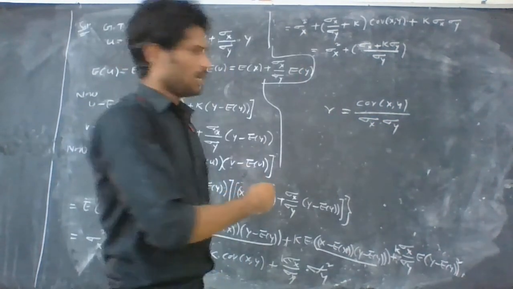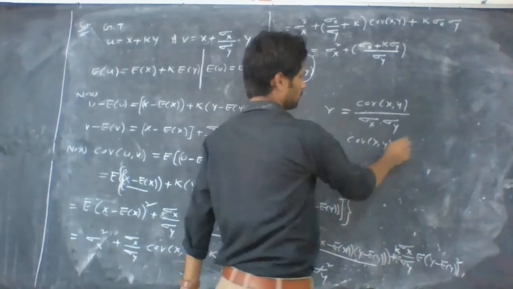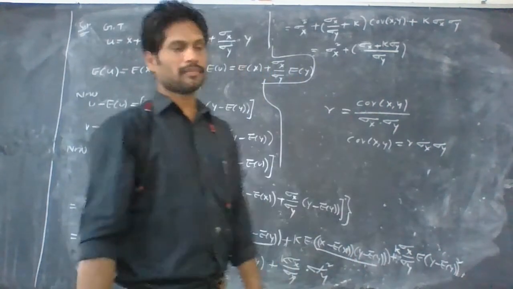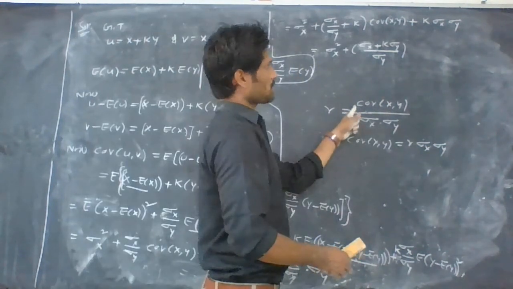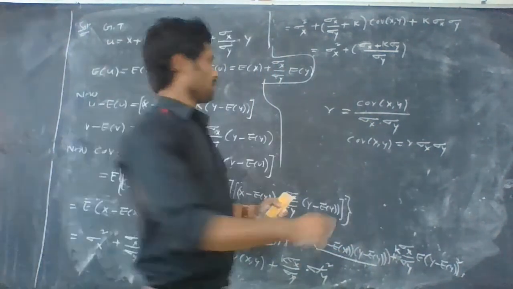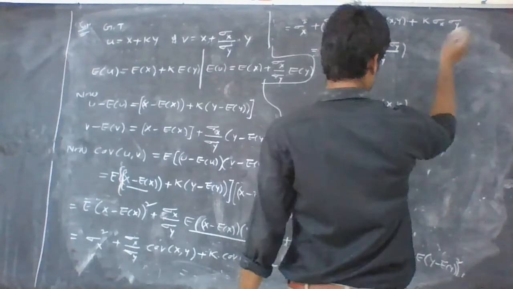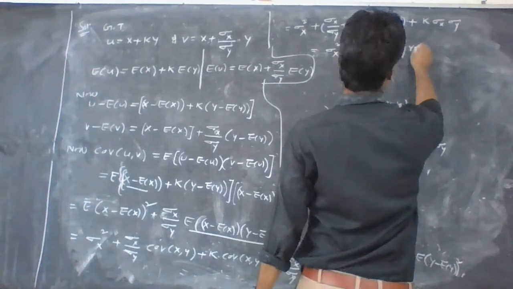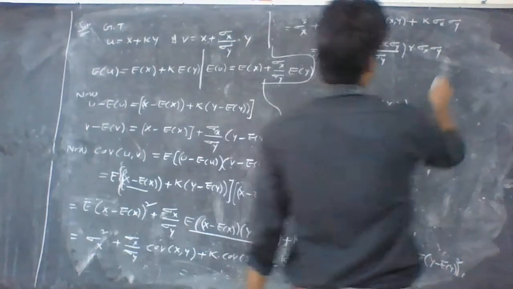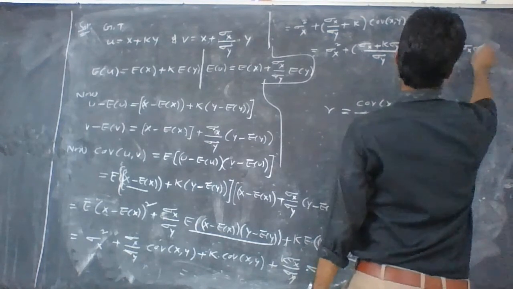Using this formula, covariance of x comma y is equal to r into sigma x into sigma y. So covariance of x comma y is equal to r into sigma x sigma y plus k sigma x into sigma y.